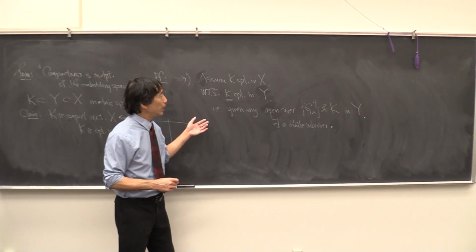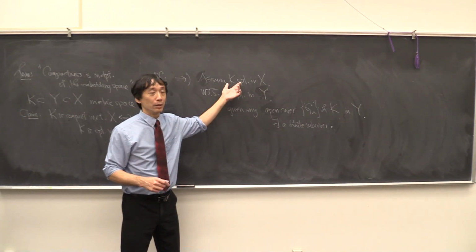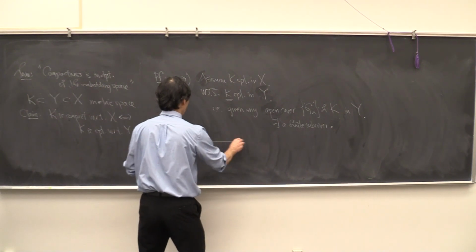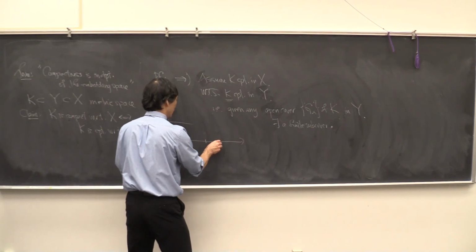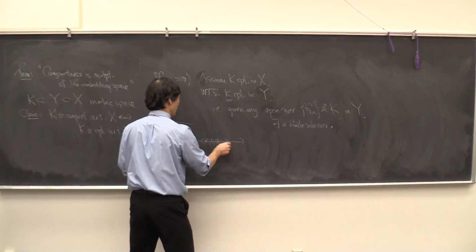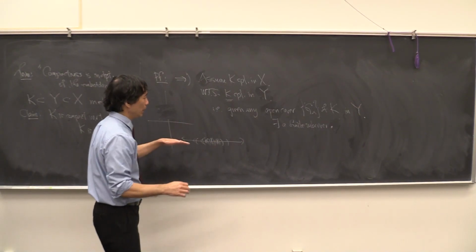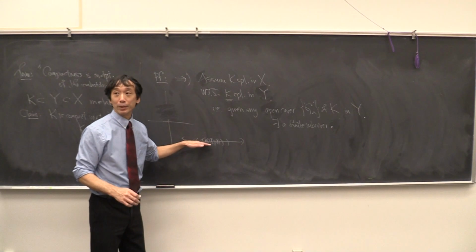So we know that we can do this sort of game in X. What we have right now is our set K, and some cover of it, an infinite cover, and we want to show that it's got a finite subcover.